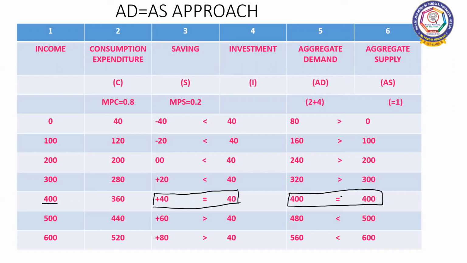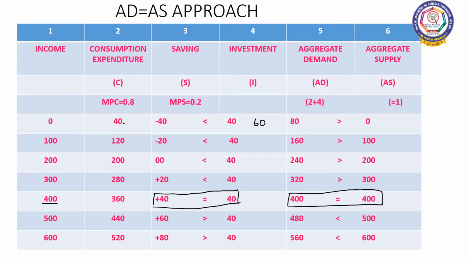Now let us assume that the investment is 60. In the economy, the investment is 60 crores. It means there's a change in investment of 20 crores. From 40, it has increased to 60. Now when there's an investment of 60 crores, let us see how the income would be.